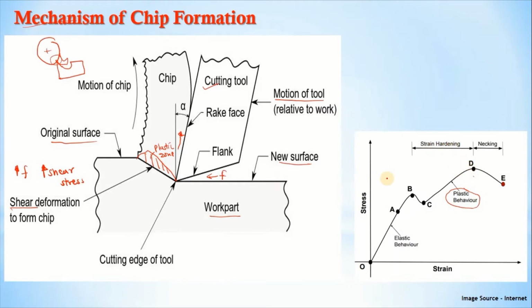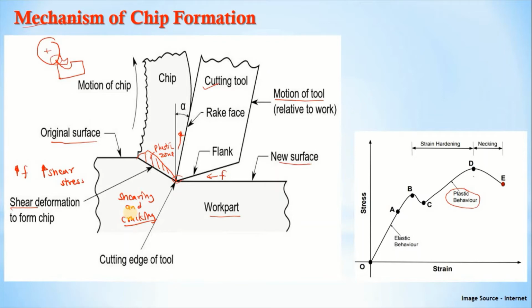If the stresses go beyond this ultimate shear stress, then shearing and cracking take place at this plastic zone, at the tip of the tool.